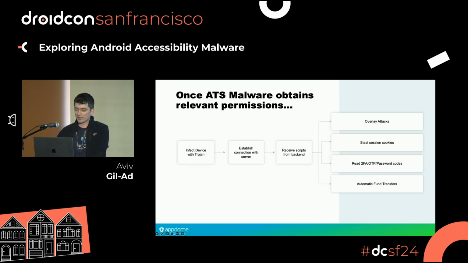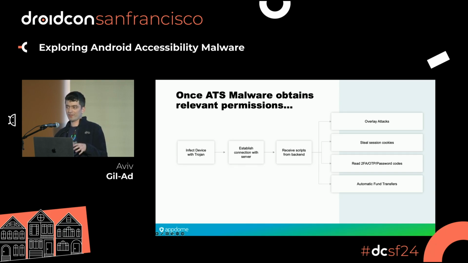Now, how does ATS malware work? The first step is a device gets infected. That's usually done by social engineering, like you get an email telling you, hey, install our app, it's good, or you just browse to the App Store, and the Android Play Store actually has many malicious apps in it. So you might accidentally install a malicious app which contains the malware.